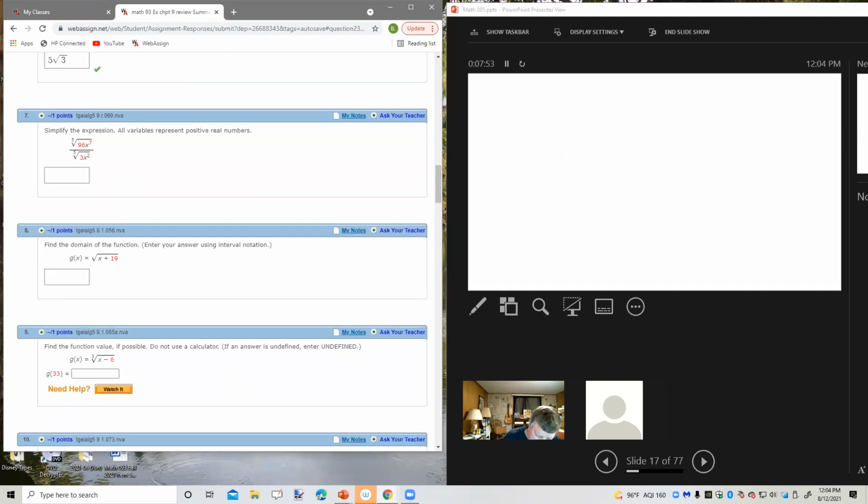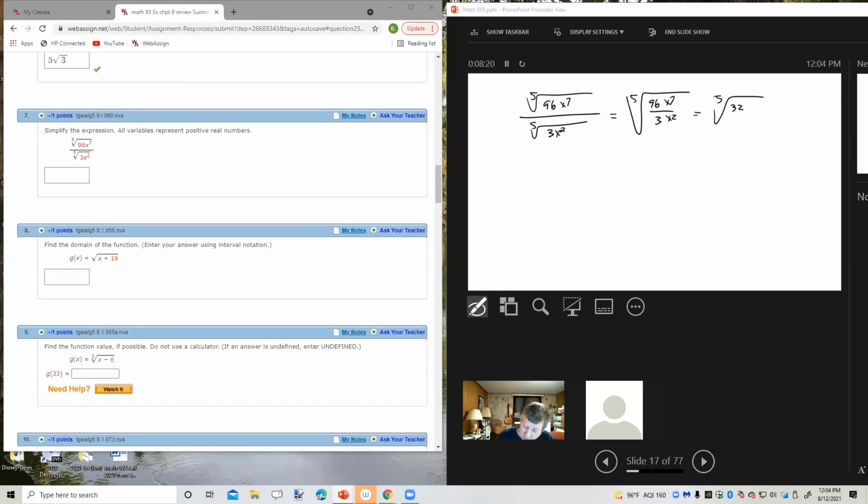Simplify the expression. The fifth root of 96x to the 7th divided by the fifth root of 3x squared. We have a division problem, but the index on each one is the same, so I can write this as a single fraction under the radical. But then I can simplify 96 over 3, which is 32.